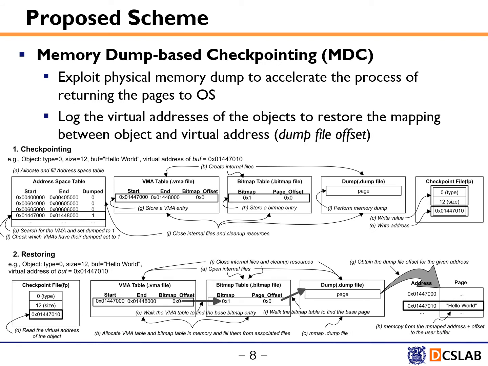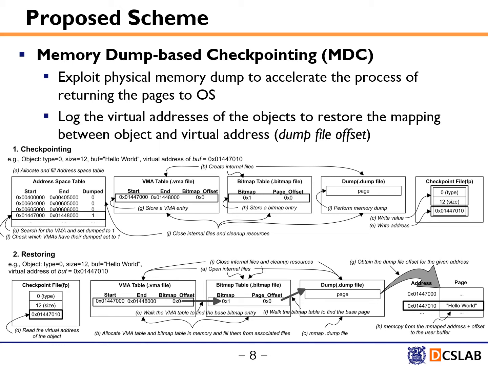To this end, we present a new fork-based checkpointing scheme called MDC, Memory Dump-Based Checkpointing. MDC exploits physical memory dump to create a physical snapshot of the database rather than a logical snapshot.